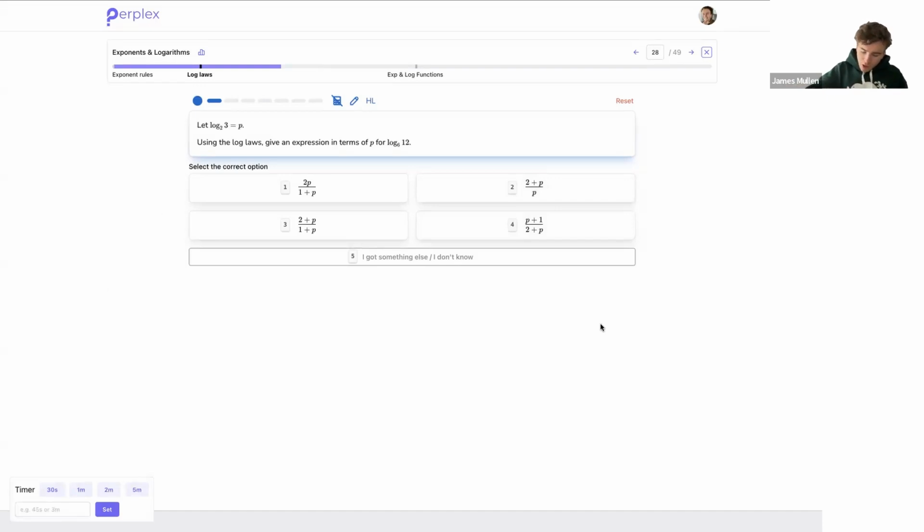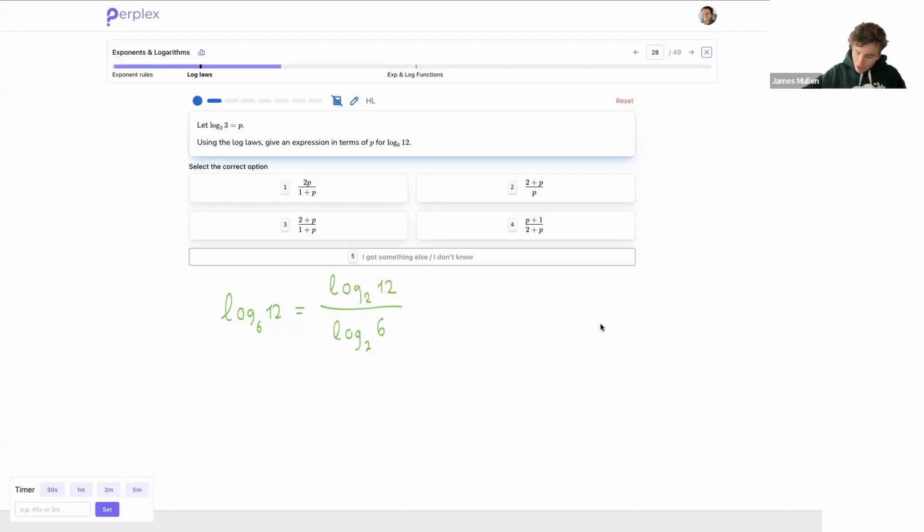I'm going to rewrite log base 6 of 12 using a log change of base, and I'm going to change it into base 2 because my p is in terms of base 2. So log base 2 of 12 over log base 2 of 6. That's what I start with.